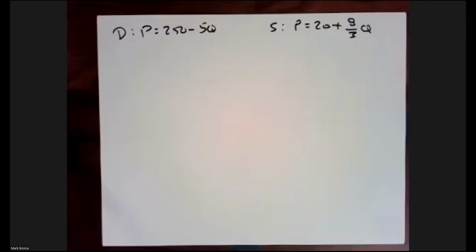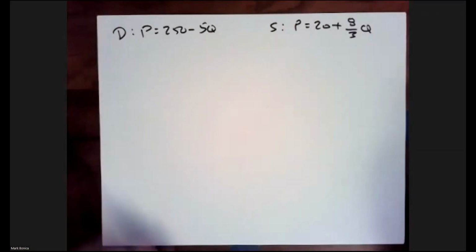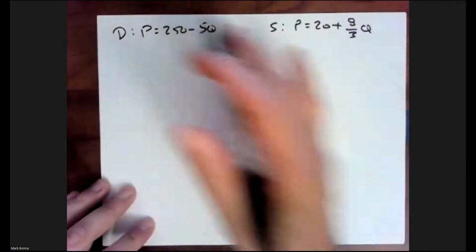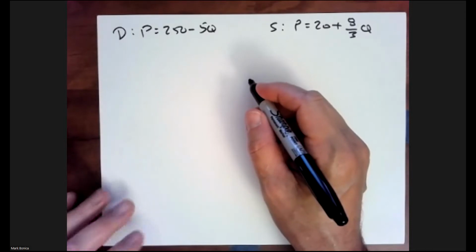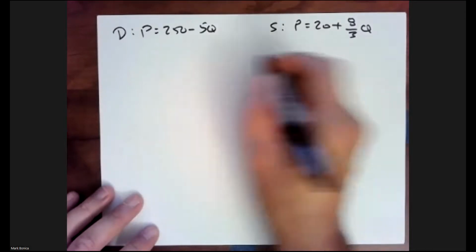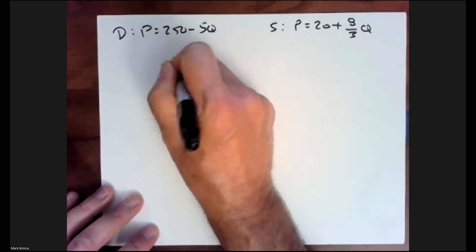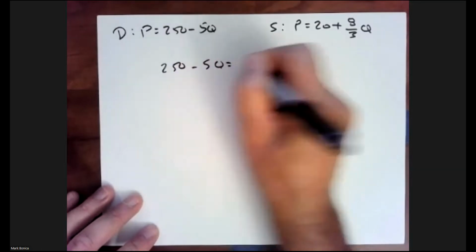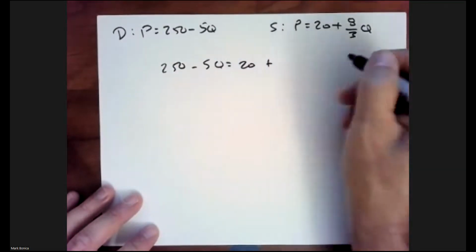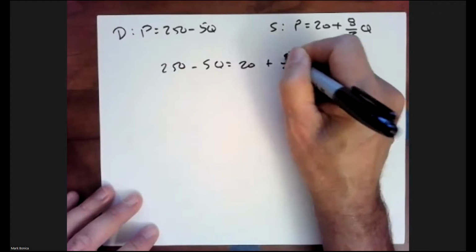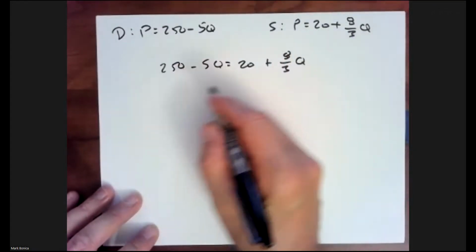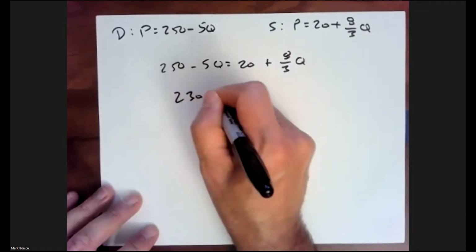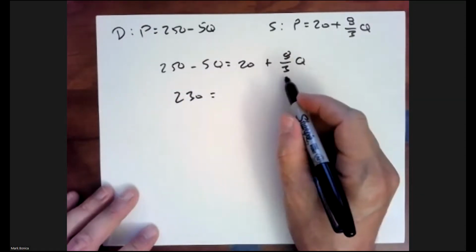To the canvas. All right, so already set that up. So we want to find her equilibrium price and quantity. So we're going to set the two equal to each other. So we get 250 minus 5Q equals 20 plus 8/3 Q. So subtract 20 from both sides, we get 230 equals, and then we're going to add 5Q to both sides.